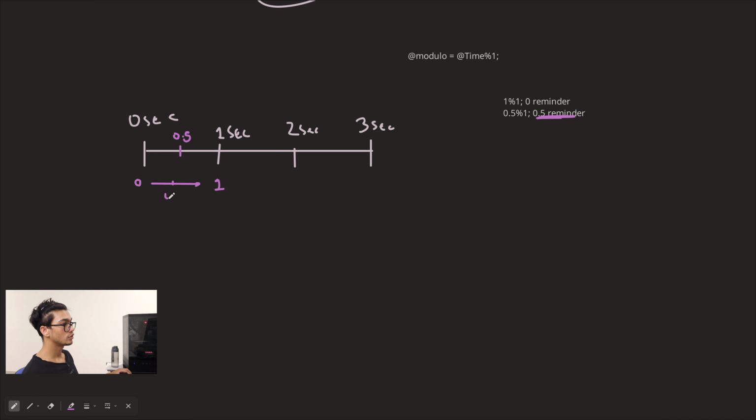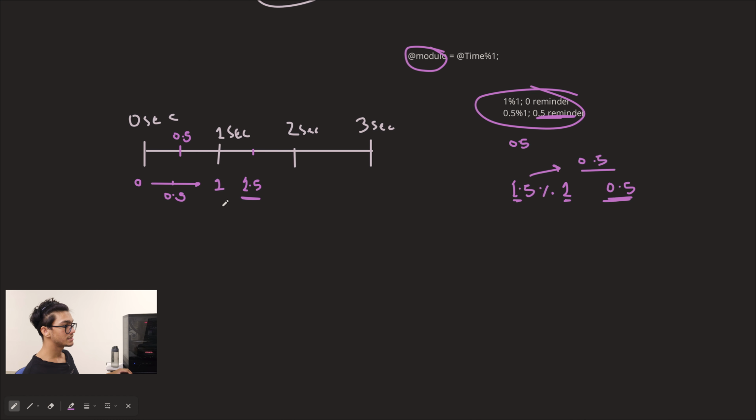So the modulo attribute value here will be 0.5, right? And when you go far, like 1.5, and you do the same equation on this, you will get 1.5 modulo 1, and you will get 0.5 as a remainder, because 1 is divisible by this, and when you divide this you will get 0.5 as a remainder.